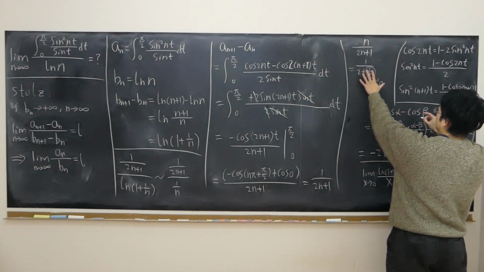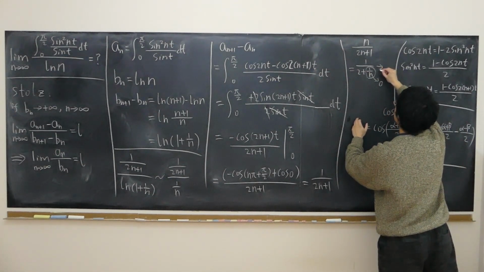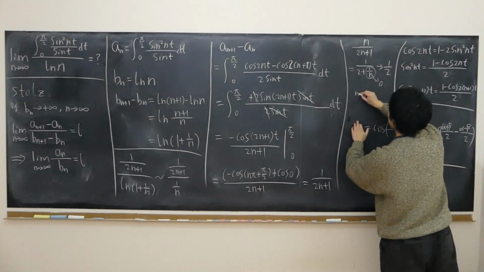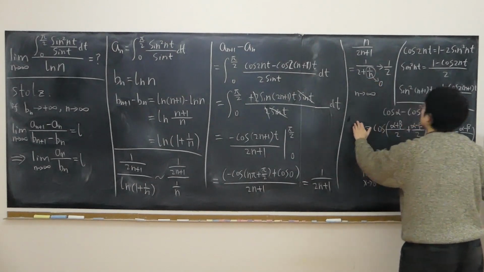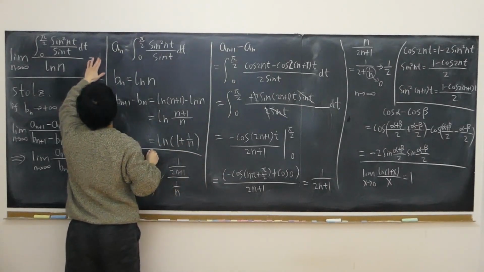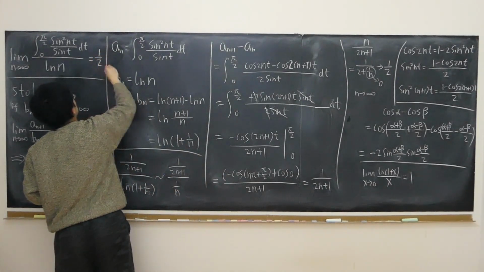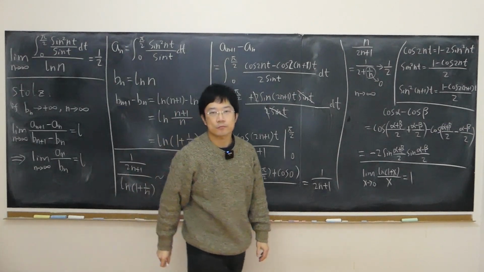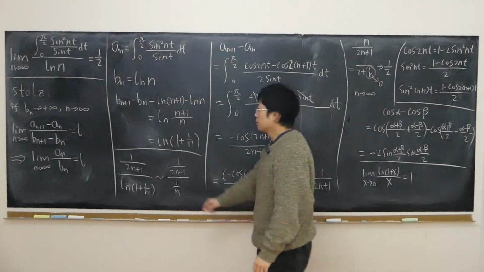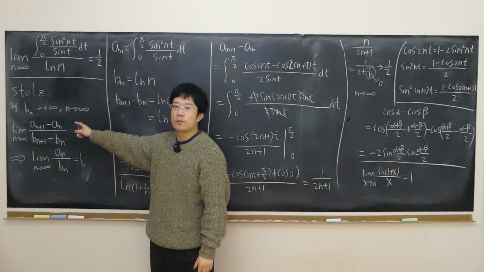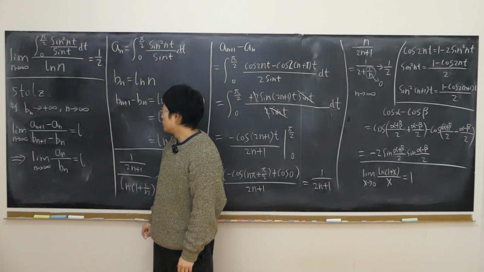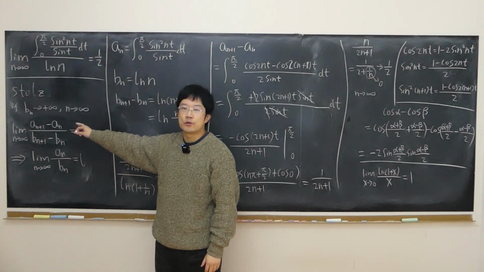Therefore, it approaches half as n approaches infinity, right? So in the end, we have half. Indeed, half. Our final answer. Perhaps I will prove Stolz's theorem in a future video, but there are dozens of different proofs. This is just like a discrete version of L'Hopital's rule.